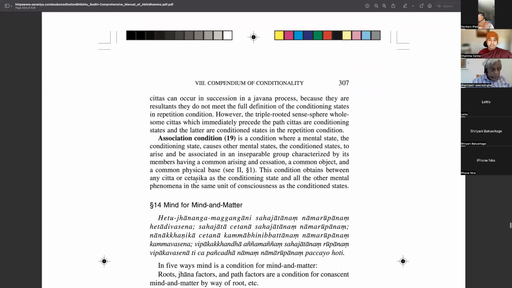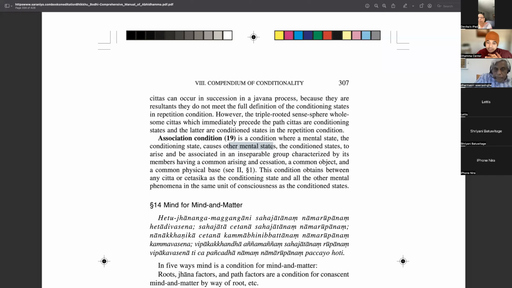Sampayutta, association. It is a condition where a mental state, the conditioning state, causes other mental states, the conditioned states, to arise and be associated in an inseparable group characterized by its members having a common arising and cessation, a common object, and a common physical base.